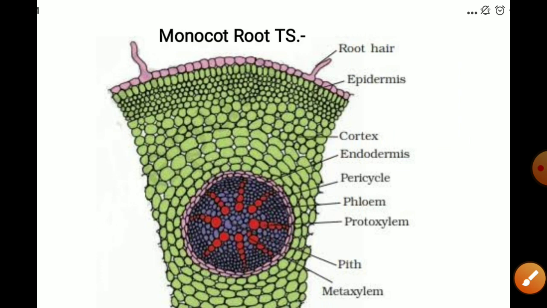Between the radial vascular bundles there is a parenchymatous type of conjunctive tissue present between the xylem and phloem bundles, but this conjunctive tissue does not cause the process of secondary growth in the monocot root. So this is all about the internal structure of the monocot root. The typical example which we have visualized here is maize.